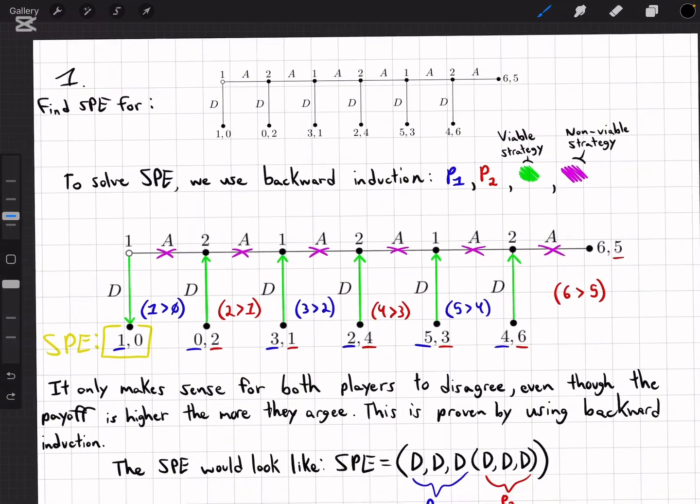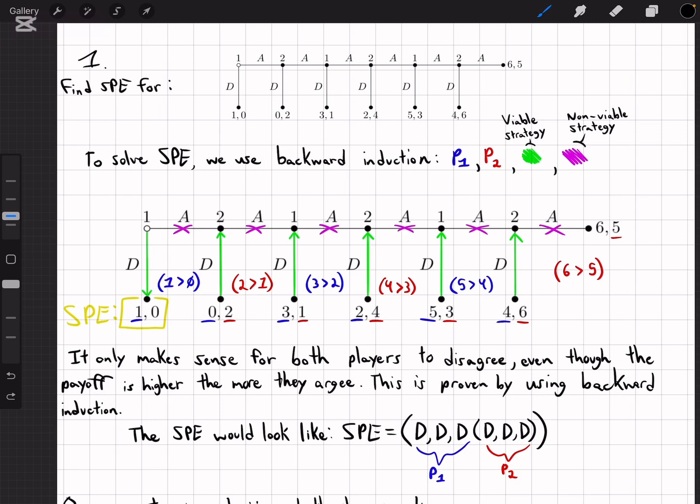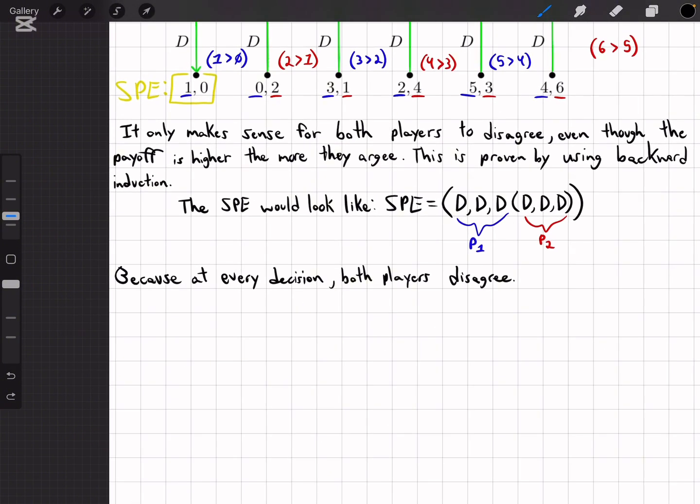I think this is an interesting game because it kind of showcases something, and if you end up learning more about game theory, there's kind of a way around this. I can briefly explain it.